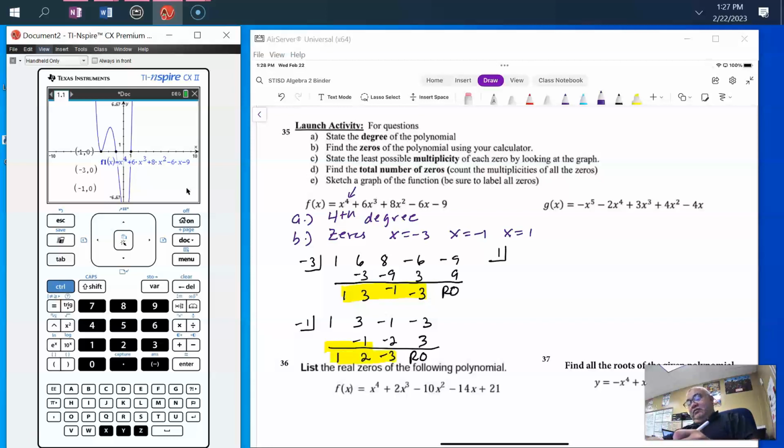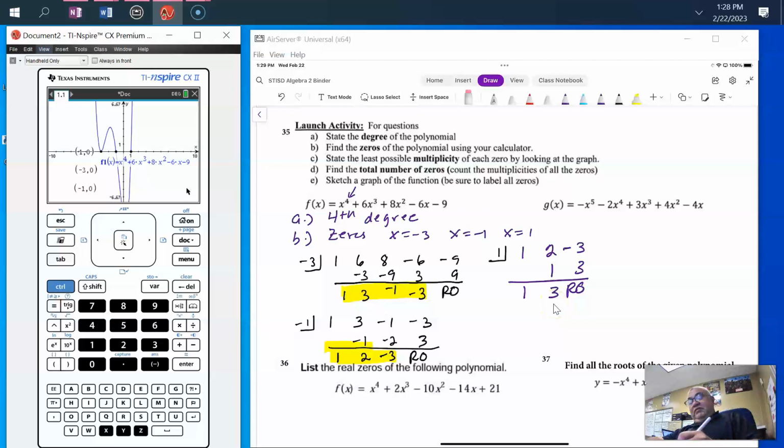So I have 1, 2, -3. 1 times 1 is 1. 2 plus 1 is 3. 1 times 3 is 3, so that's 0. I'm sorry, the quotient is going to be degree 3, then this degree 2, this degree 1.